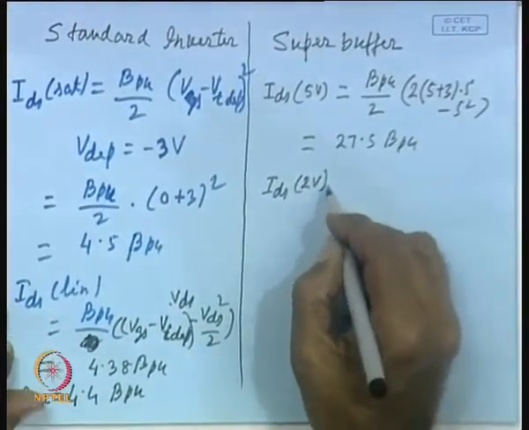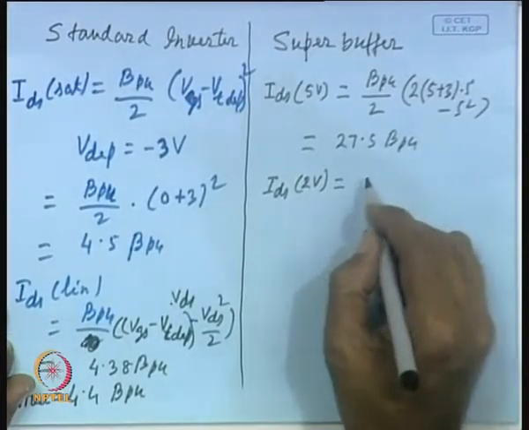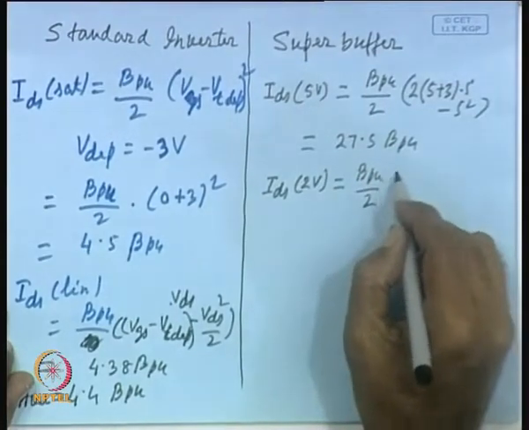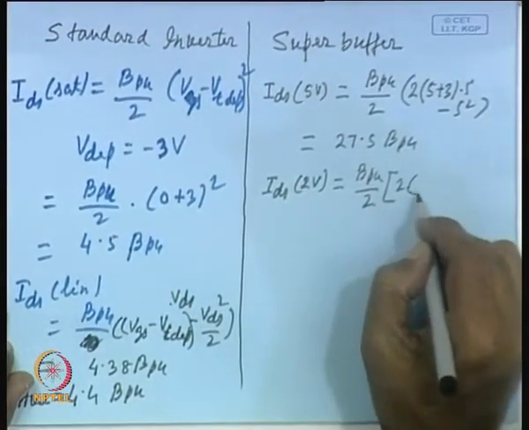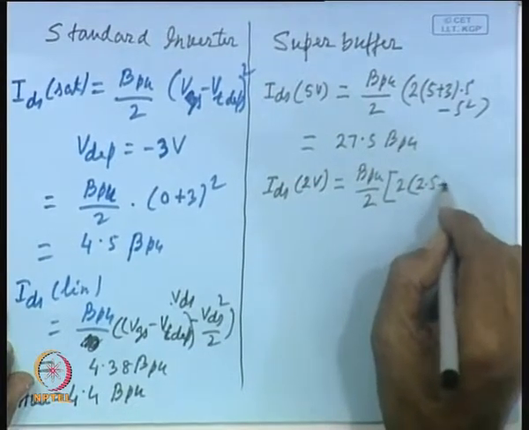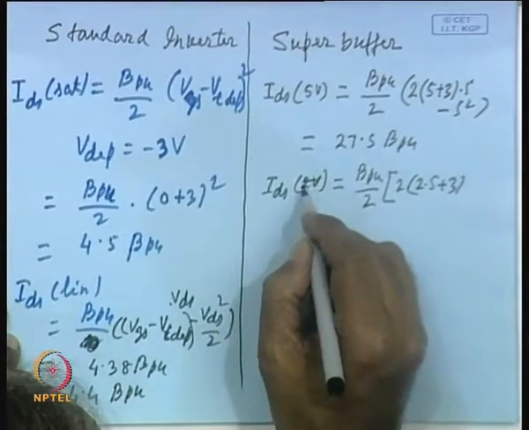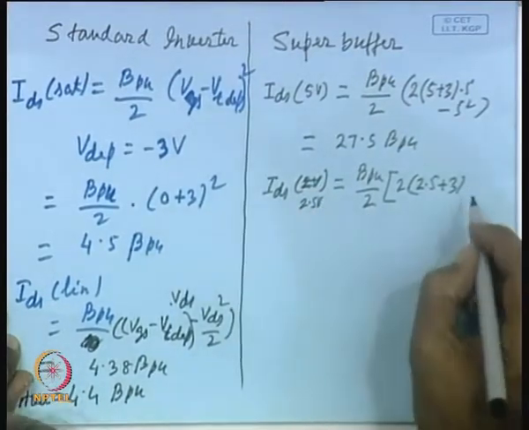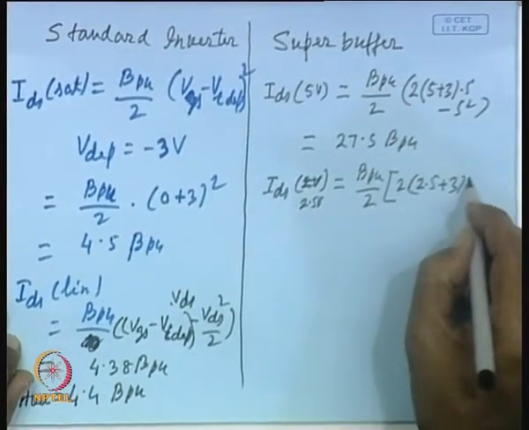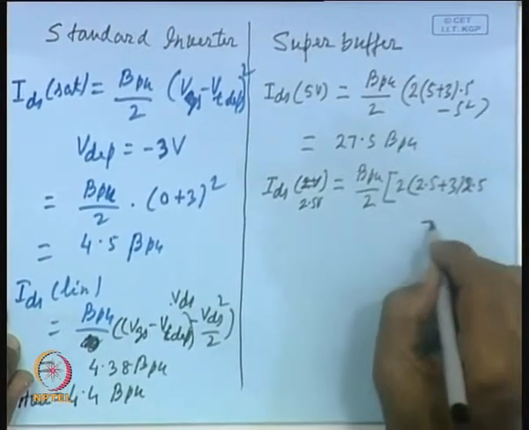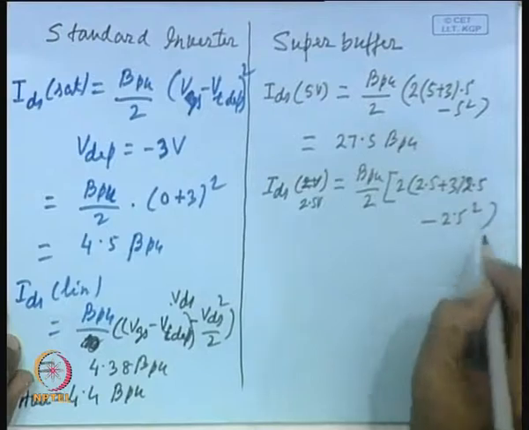So, when the output voltage is 2, sorry, not 2 volt, I have taken 2.5 at the middle point, that time beta pu by 2 into 2.5 plus 3 into 5 into 2.5 minus 2.5 square.